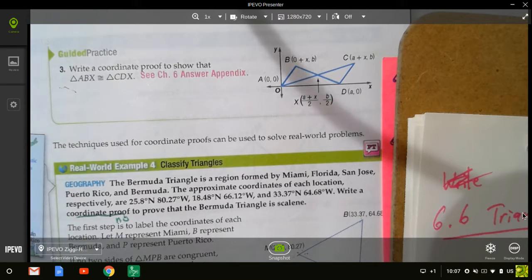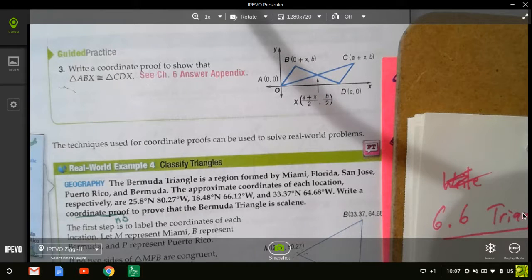Now we have to talk about congruence. What can we do to figure out that they're congruent? I'll give you one. How about the angles? You can just throw it in there because you don't have to do any calculations for the angles. What do I mean by that? Is there any angle relationship that I can tell between these two triangles?